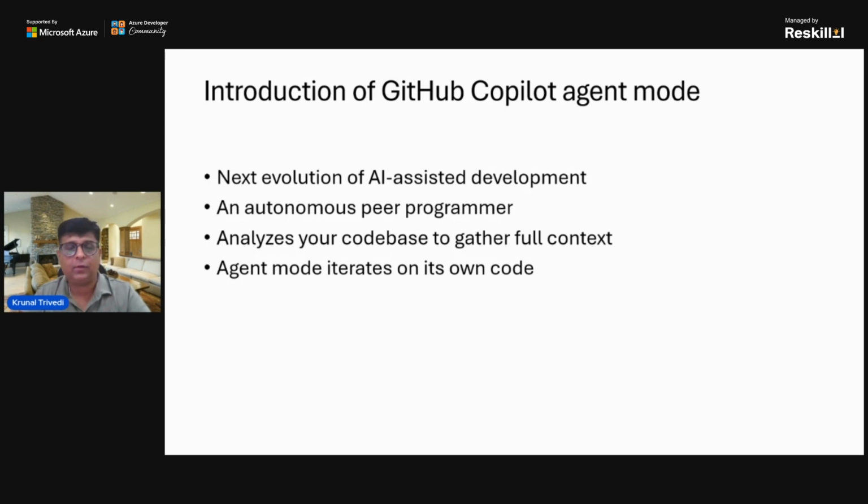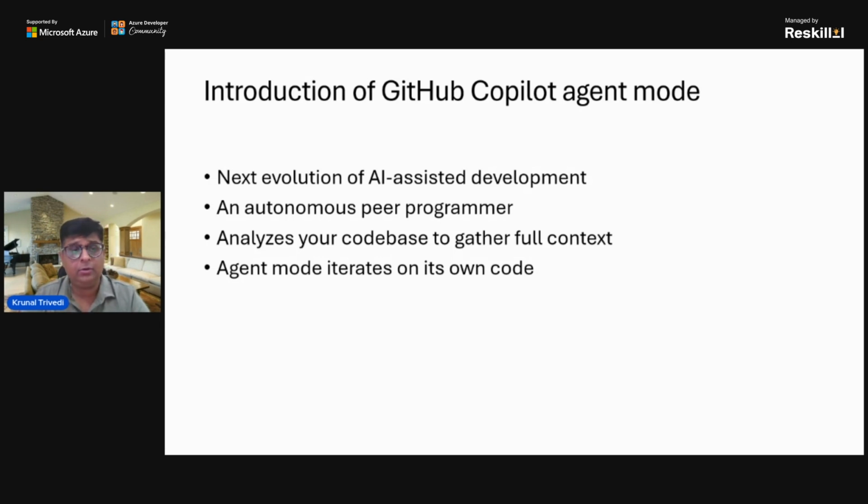It reads relevant files, proposes file edits, runs terminal commands, and creates test cases for you. This agent mode iterates on its own code, recognizing errors and fixing them automatically. For example, you fire a particular command, it will give you some output, but then it will understand, okay, this output is not the expected output. It will suggest a few more changes. You accept it, it will do it. So it iterates on its own code block.